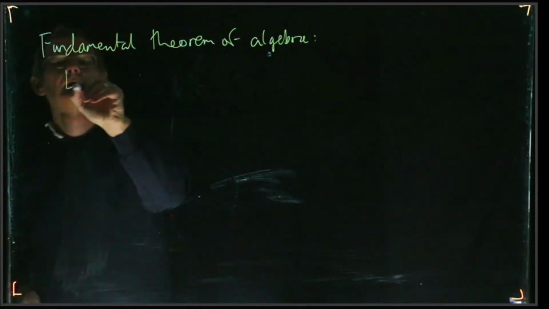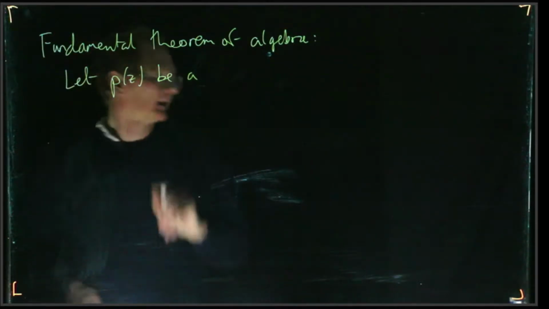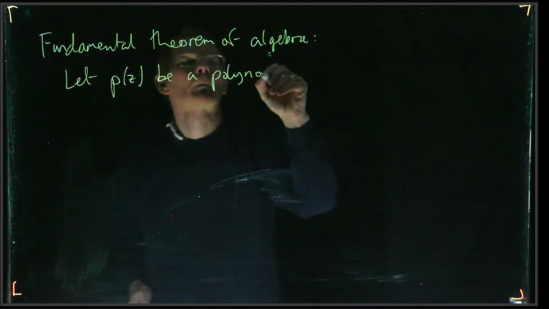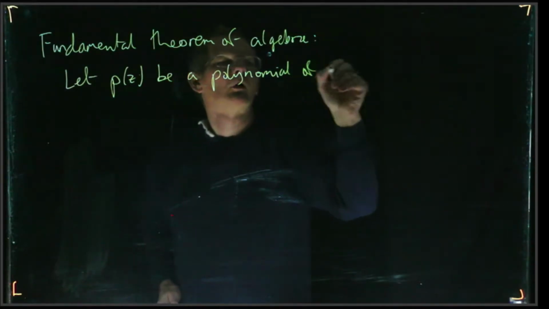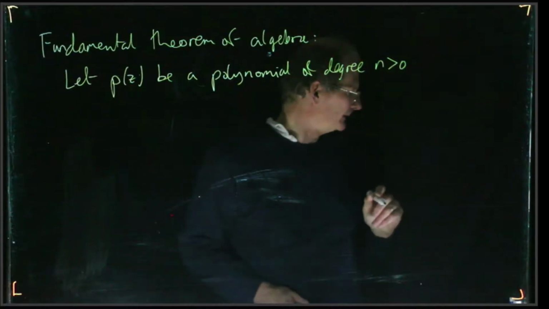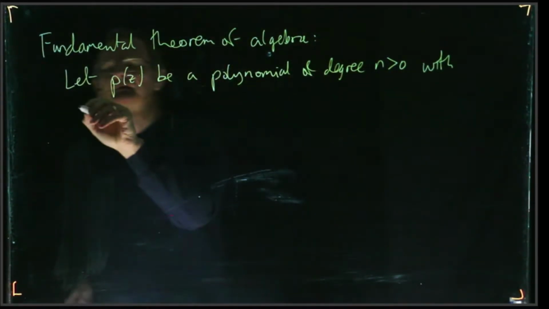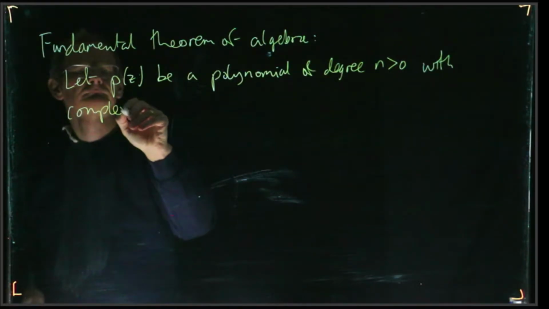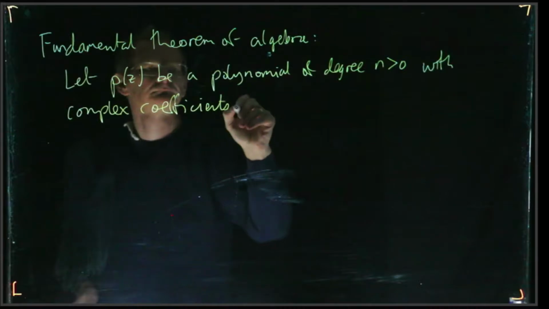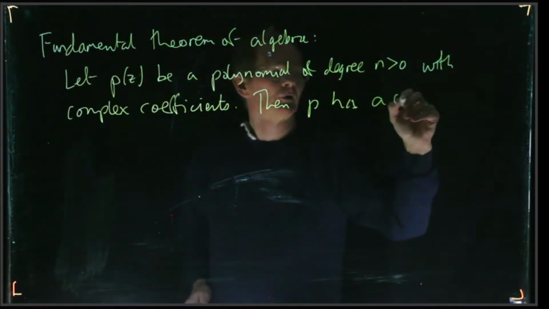It says let P of Z be a polynomial of degree n greater than 0, say, with complex coefficients. Then P has a complex root.